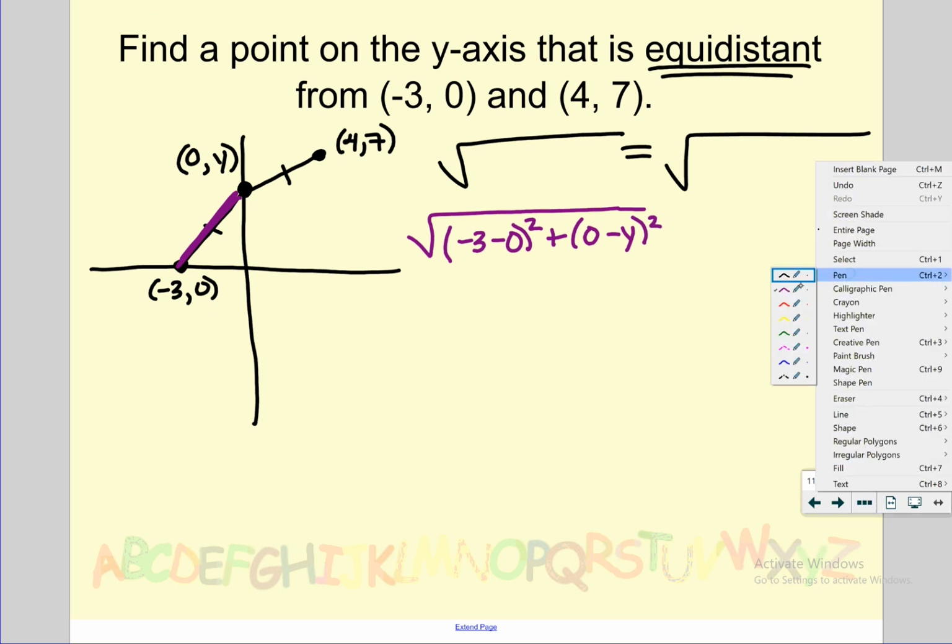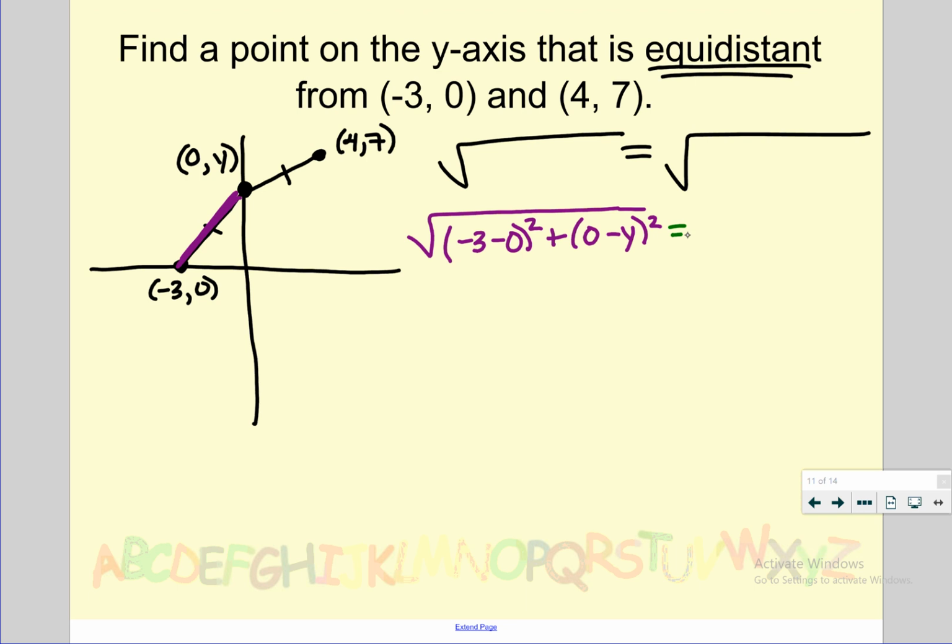Okay. Equals, and now we're going to do the other distance, the one on the right. So that's going to look like 0 minus 4 squared plus y minus 7 squared.